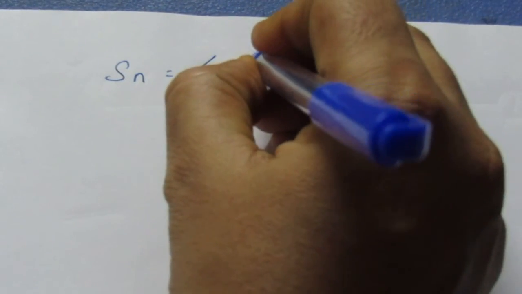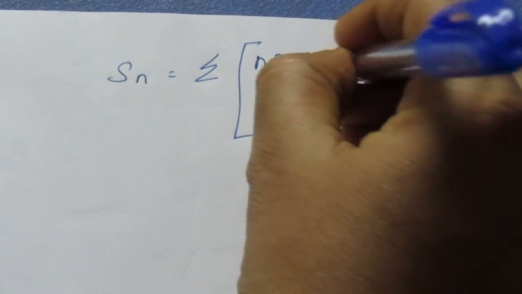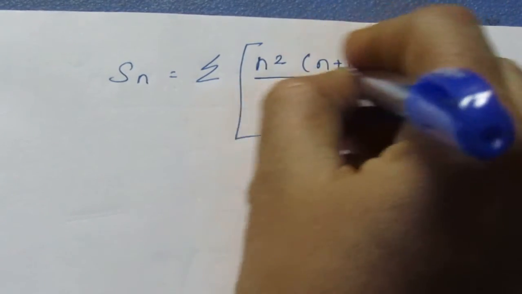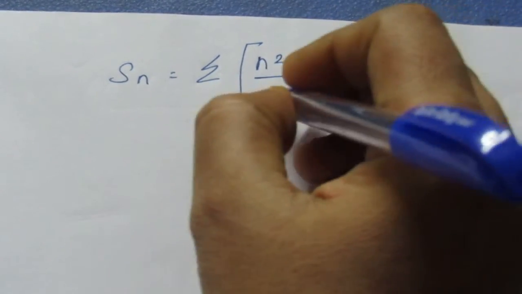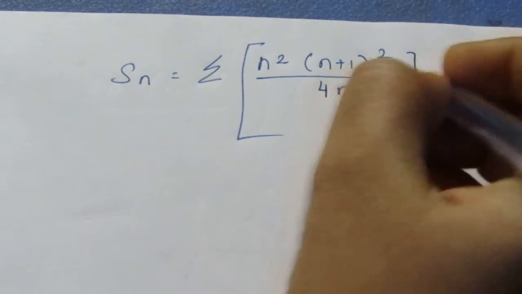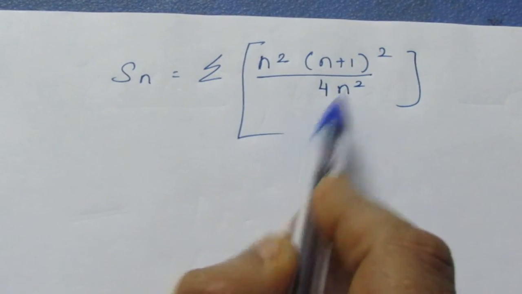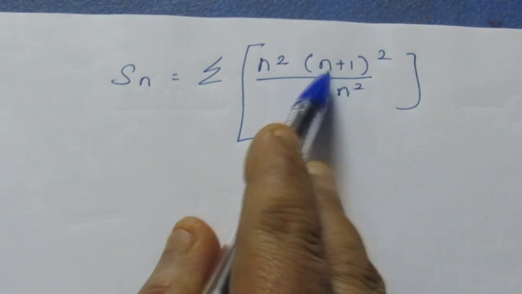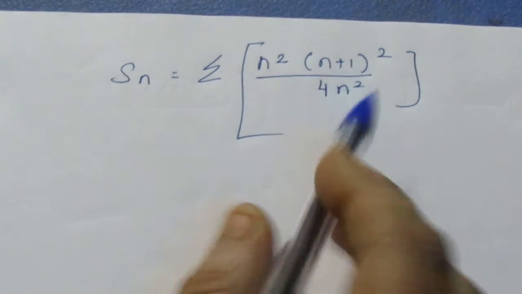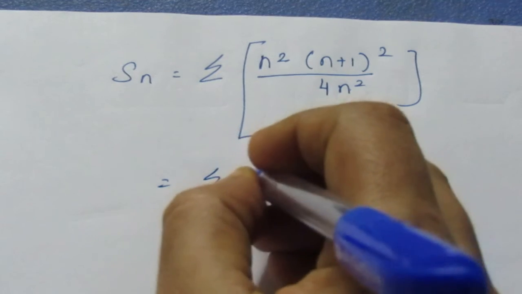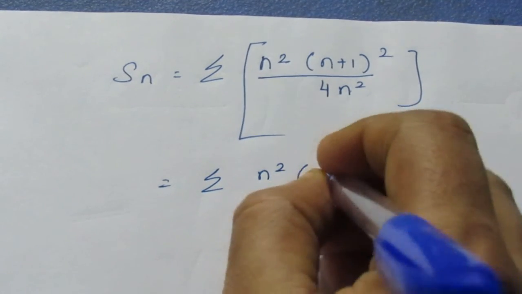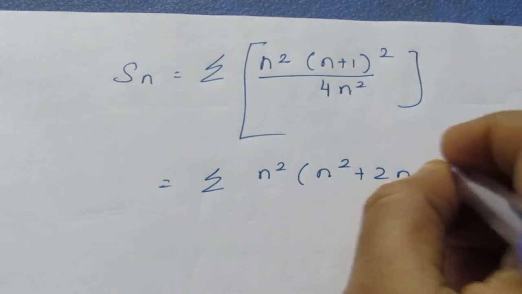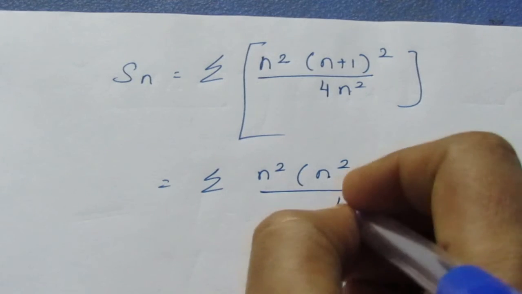Sn is equal to summation. Here it becomes n square into n plus 1 the whole square by 4 into n square. Now apply the a plus b whole square formula. It becomes summation n square plus 2n plus 1 by 4n square.